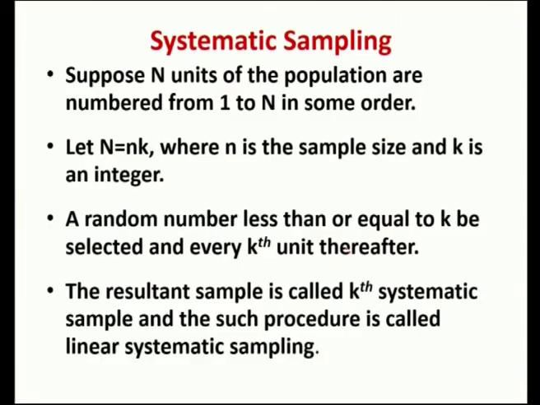Let us assume that there are N units in the population, numbered from 1 to capital N in some order. Let capital N be equal to nk, where n is the sample size and k is an integer. A random number less than or equal to k is selected, and thereafter every kth unit. The resultant sample is called a k systematic sample, and such a procedure is called linear systematic sampling.